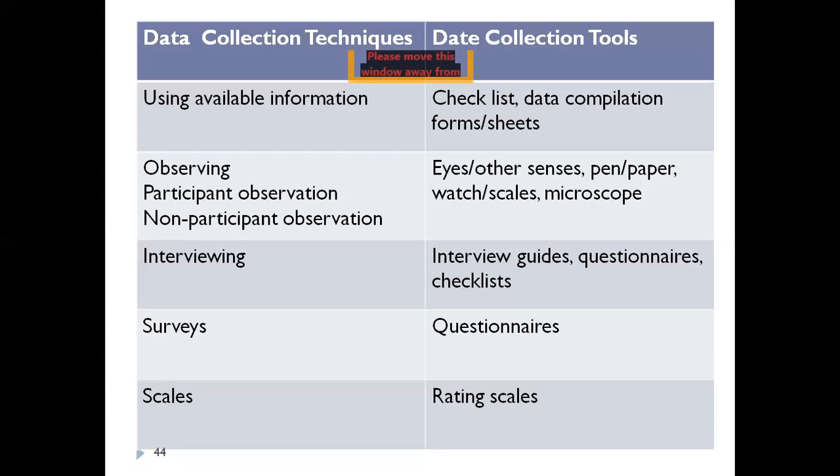It could be using one's own eyes, other senses such as listener perceptions, pen or paper based, watch, scales, microscope, otoscope, all other tools. Interviewing using interview guides, questionnaires and checklists, surveys, questionnaires, and then we have various scales such as the Likert scale, visual analog scale. These are all rating scales. So these are some of the data collection tools that we have looked at.